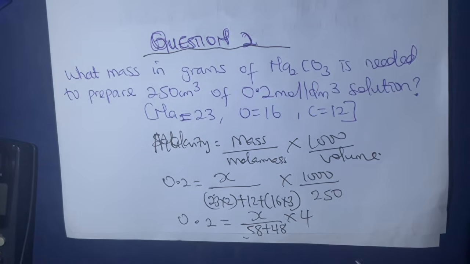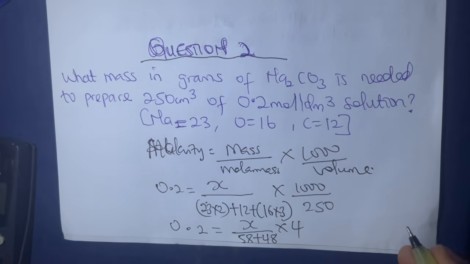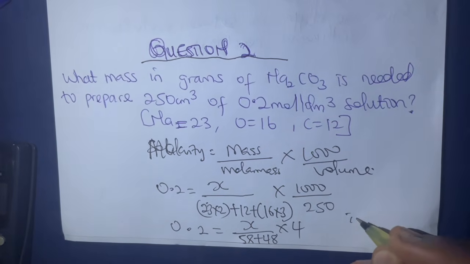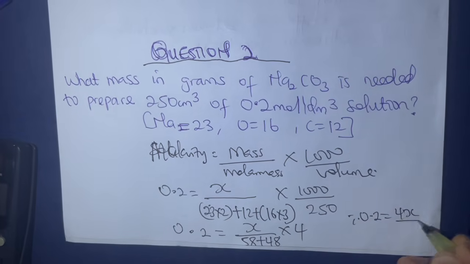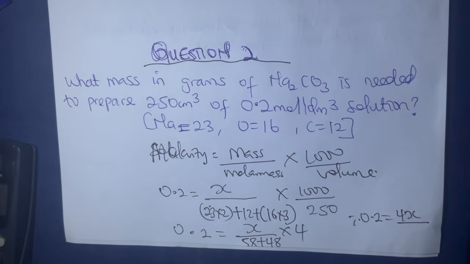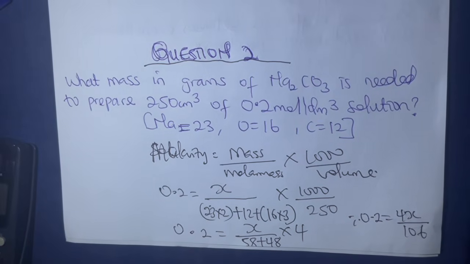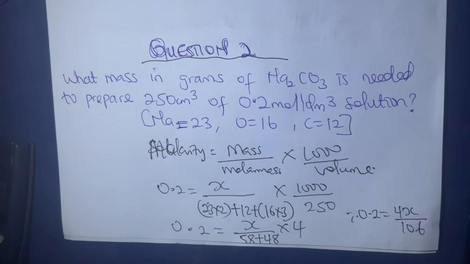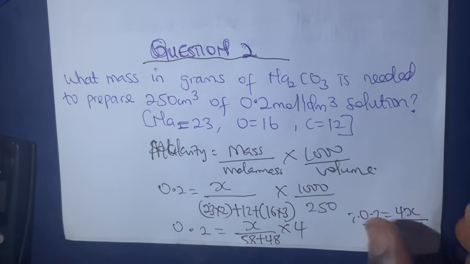Can you see that? 1000 over 250 is 4. So 0.2 equals 4x over 58 plus 48. 58 plus 48 is 106. So I'll cross multiply.